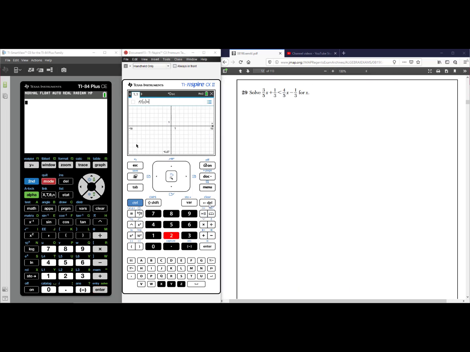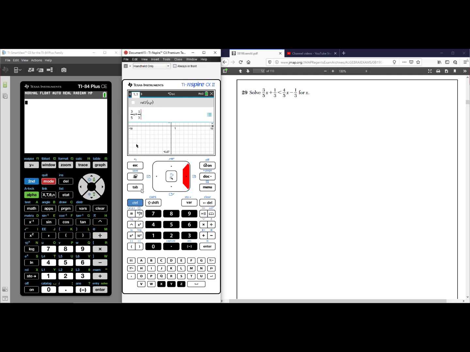For question 29, I will start with the TI-Nspire CX technology. Delete your equal sign, choose number 6 relations graphing, control divide gives you your fraction template. 3/5 x plus control divide 1/3.